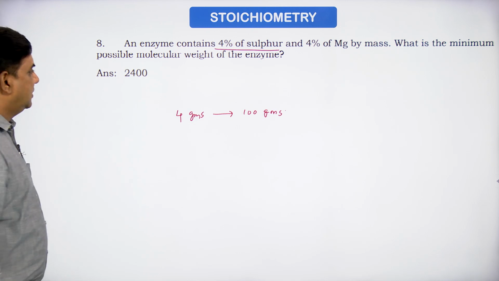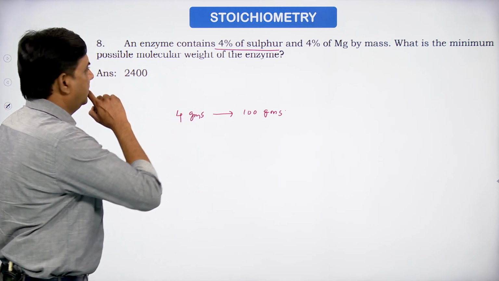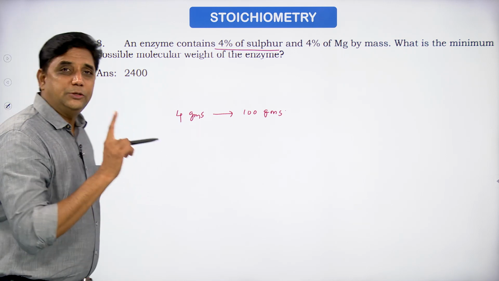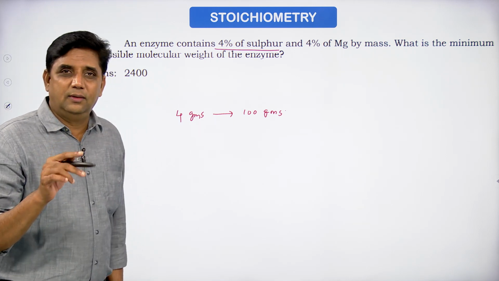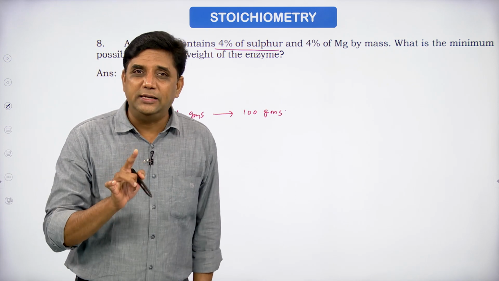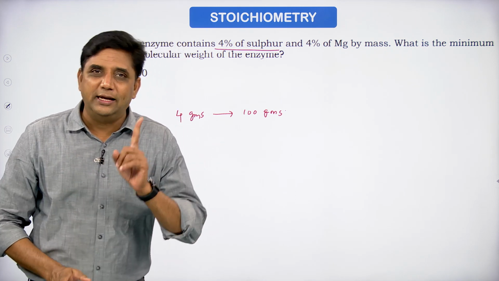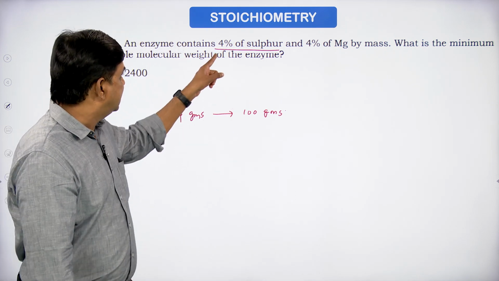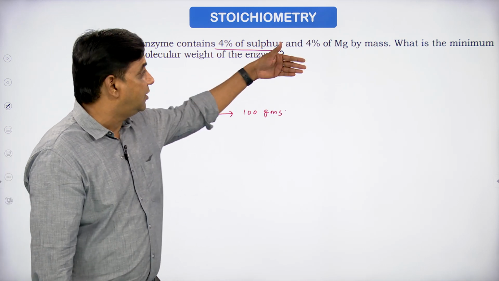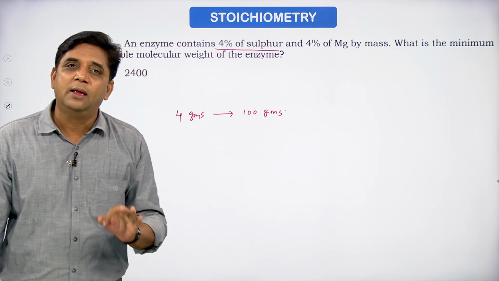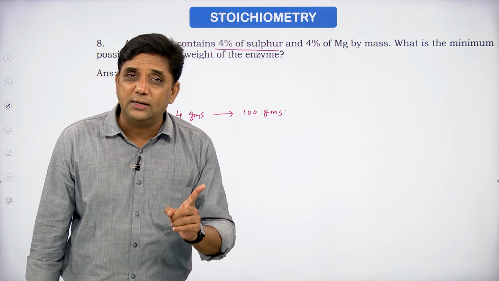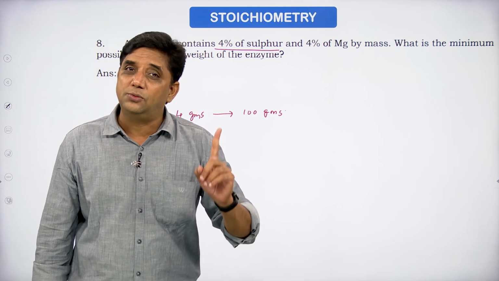Therefore, minimum molecular weight is asked, that means sulfur is present, so at least one sulfur will be there, no? As he is saying 4% of sulfur, 4% of magnesium, there will be at least one sulfur atom and at least one magnesium atom.